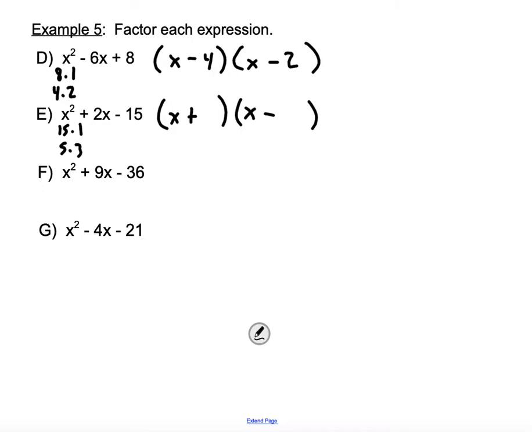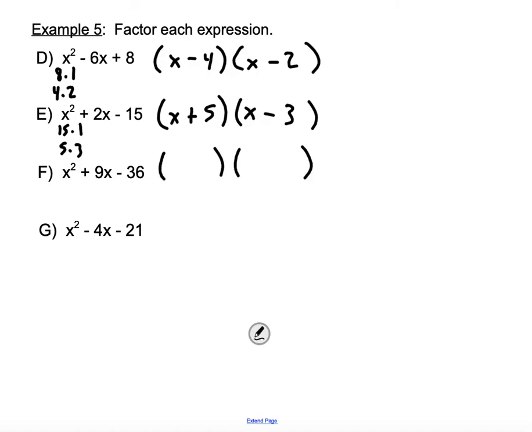But one of those is a positive, one is a negative. The middle term is a positive 2, so the larger number between 5 and 3 would have to be the positive value. So if I do a positive 5 and a minus 3, when I add them together, I'm going to get a positive 2.